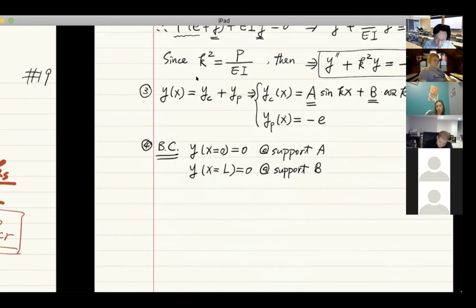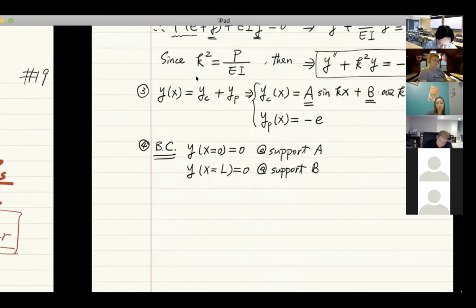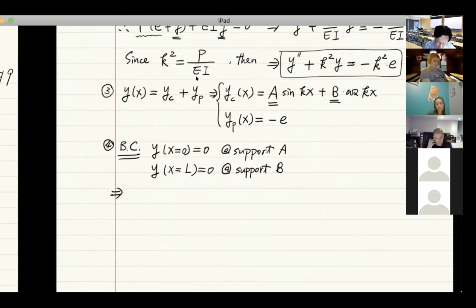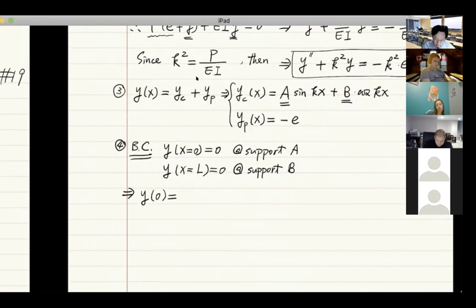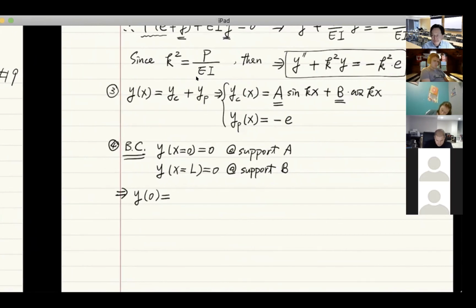Okay, and then we can just plug in. And this is the first example, so we can just put it in as an exercise to get ourselves warmed up, right? So let's plug in. The complete solution is y of 0 equals, plug in x to be 0. So what's the value of sine 0?